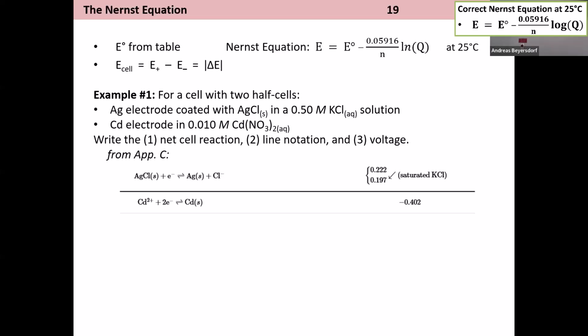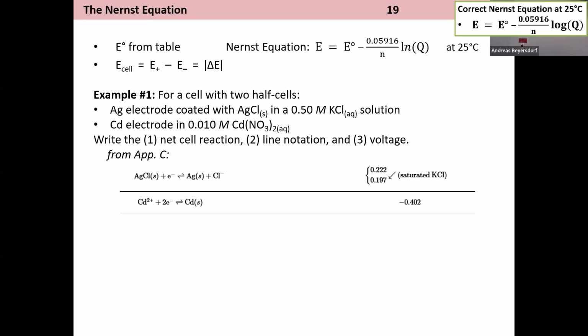So I have 0.222 volts minus 0.05916 over 2 times ln of Q.